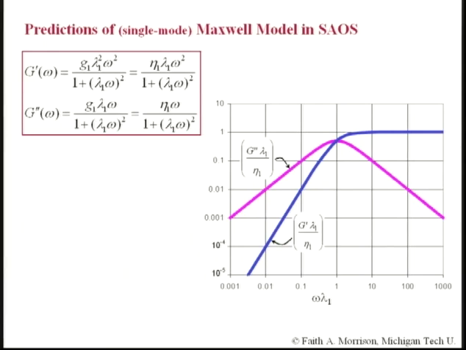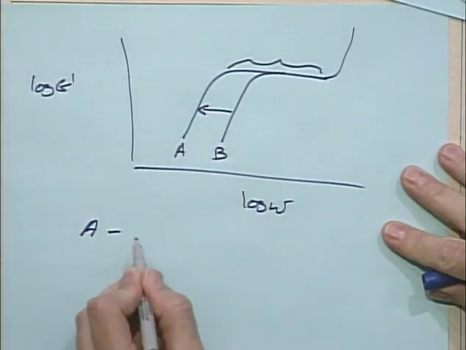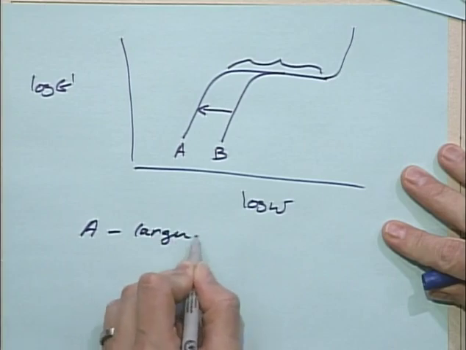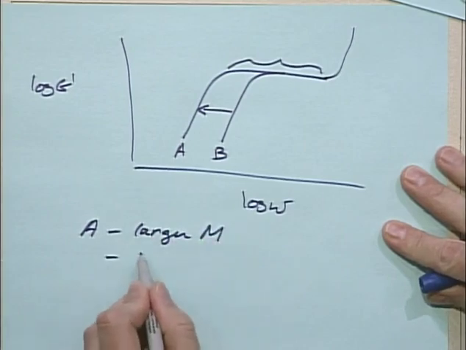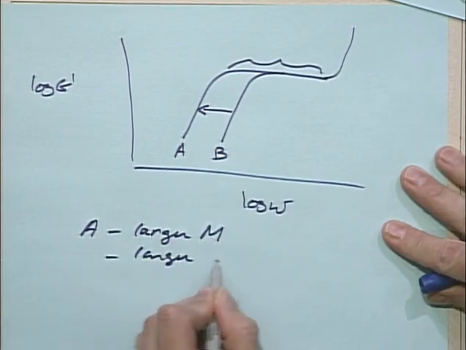Okay, so it's all working very nicely. We're actually relating material parameters like relaxation time to the rheology. Okay, when I taught you this, it was just an observation. But now it's matching our models. Okay? So A has a larger molecular weight and a larger relaxation time.